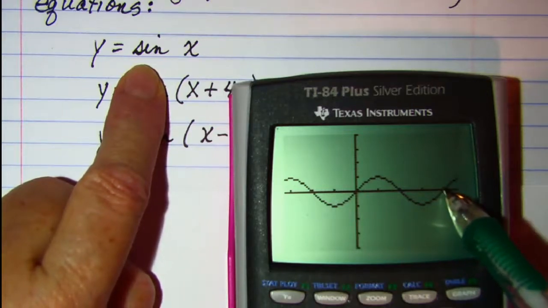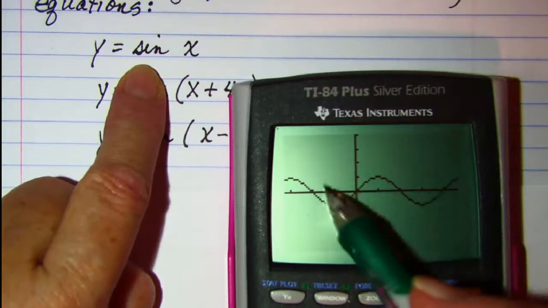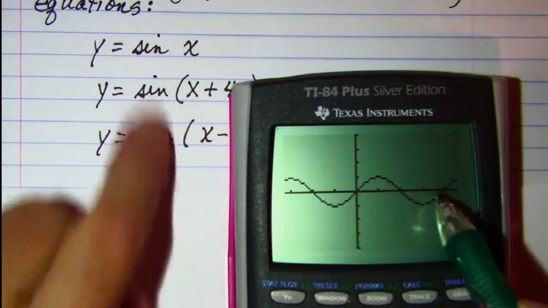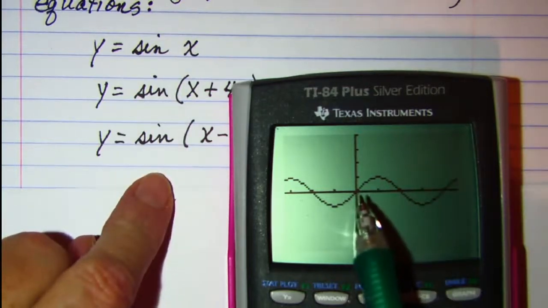Then this is the end of that period. So I'm going to examine these equations by looking at one period.